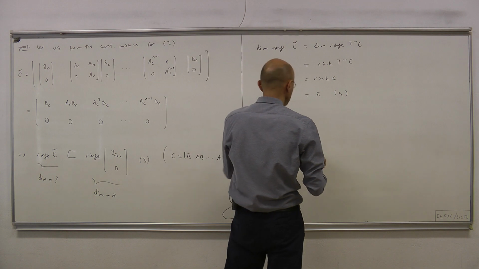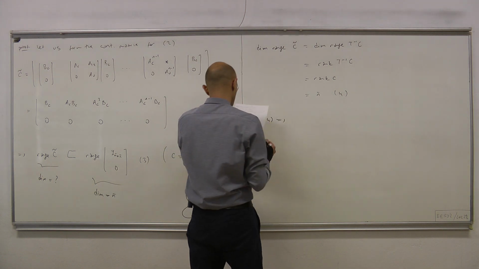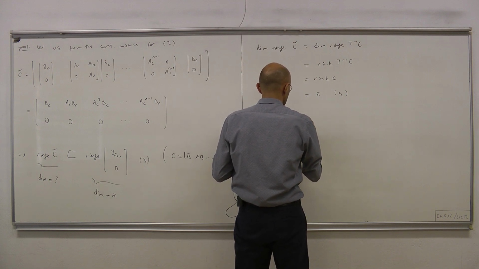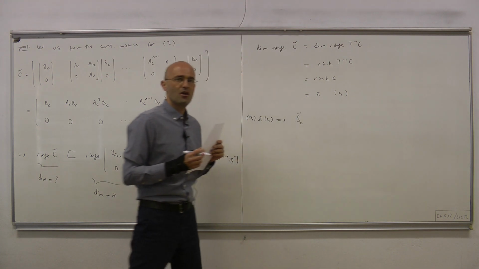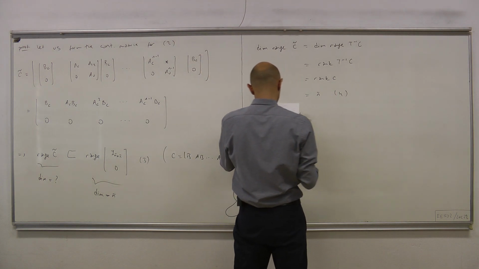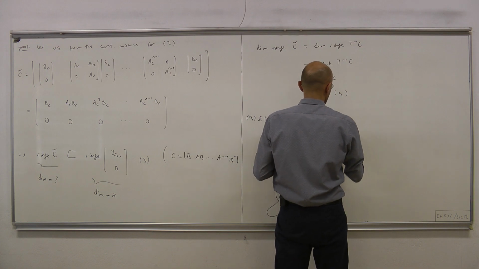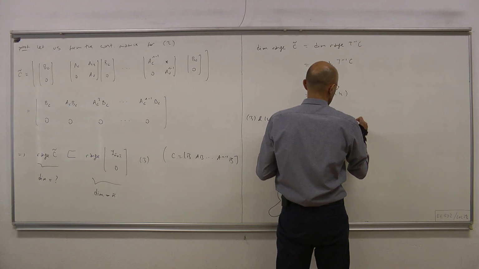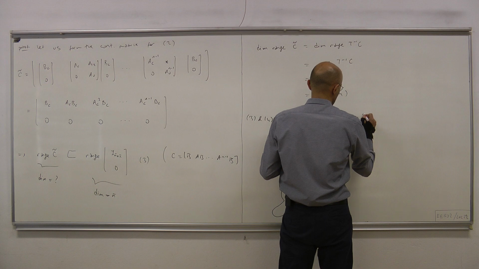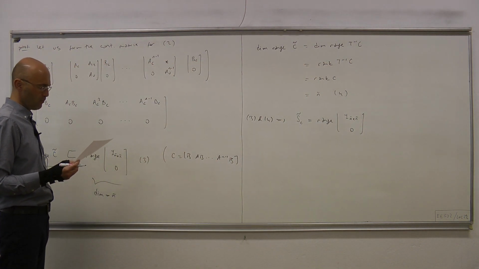So combining 3 and 4 therefore yields that the controllable subspace of the transformed system must equal the range space of identity matrix here and 0 here. So that proves part A.